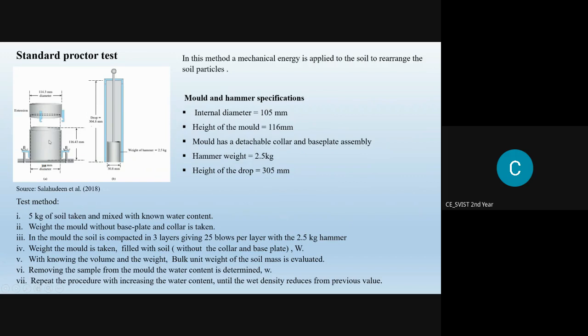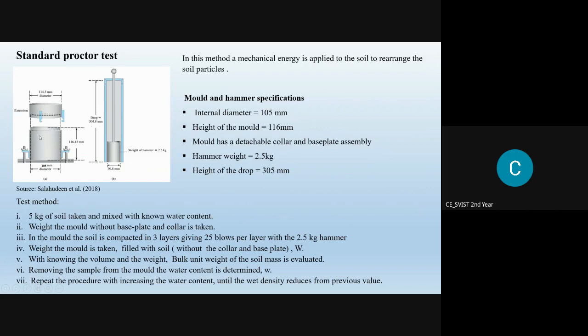Subtracting the weight of the base plate and the mold, we get the weight of the soil mixture that has been compacted there. That weight divided by volume, what will we get? We will get the bulk density. So now we have got the bulk density.